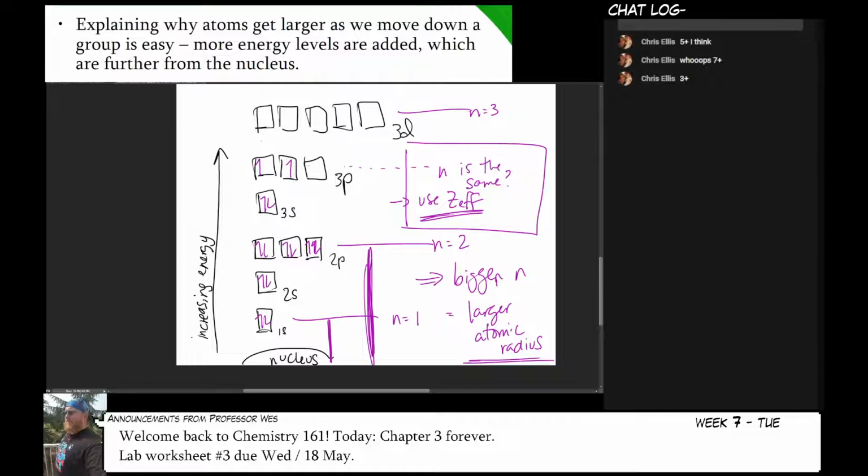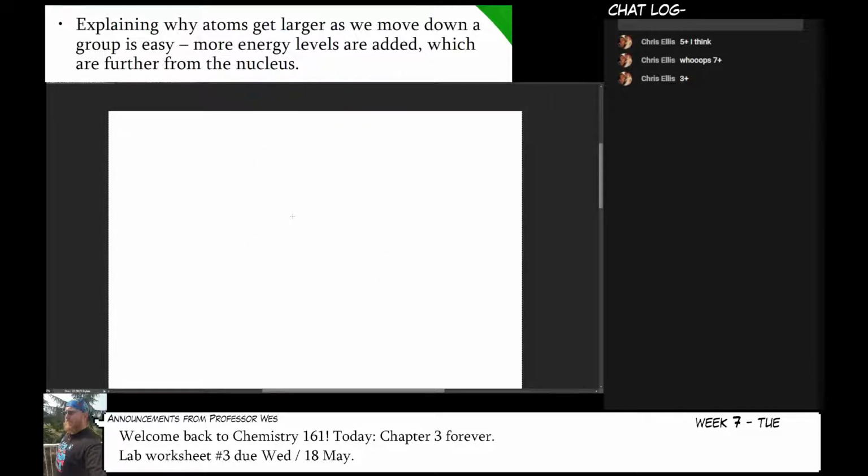And the way that that works is like this. We're going to go back over here. Let's suppose that I have two atoms that have the same n. So we're going to look at silicon and aluminum. And you're going to notice why I stopped there. Because work smarter, not harder.